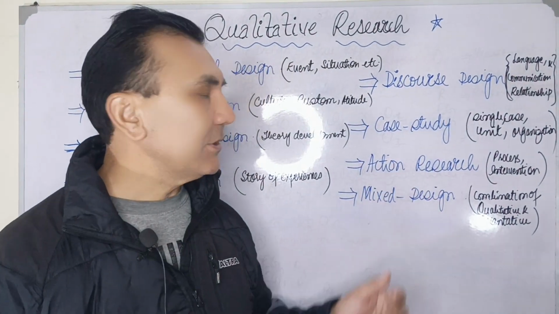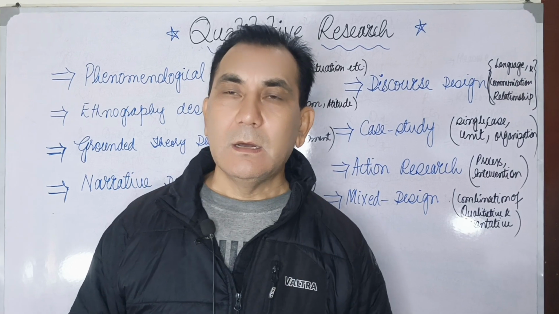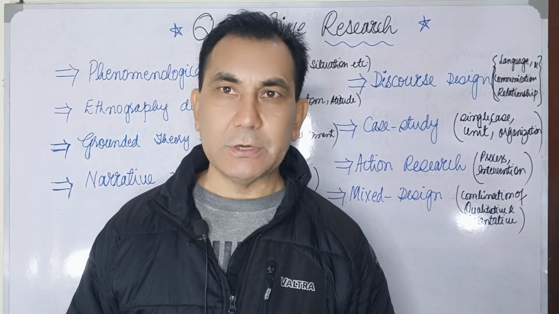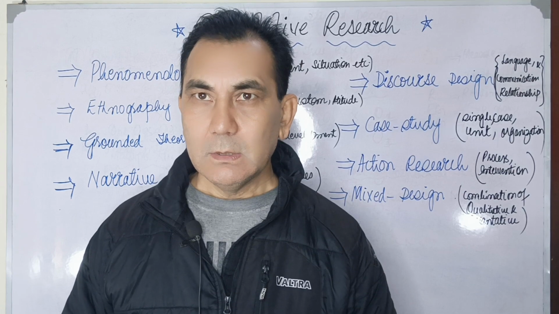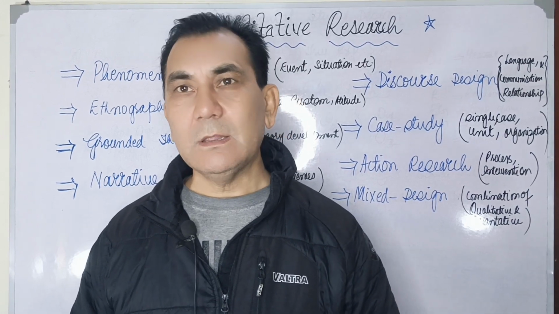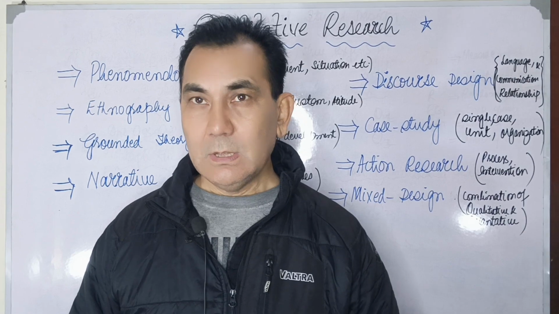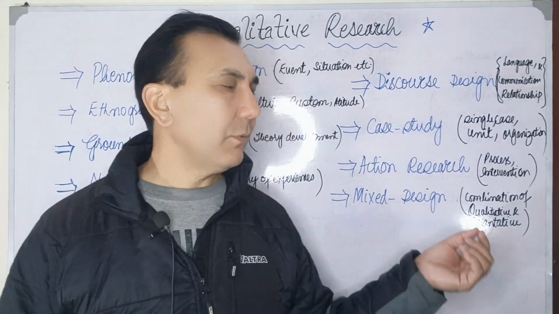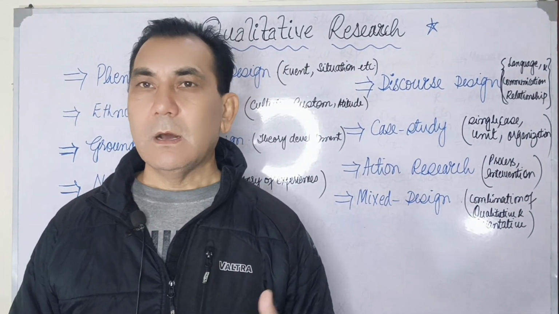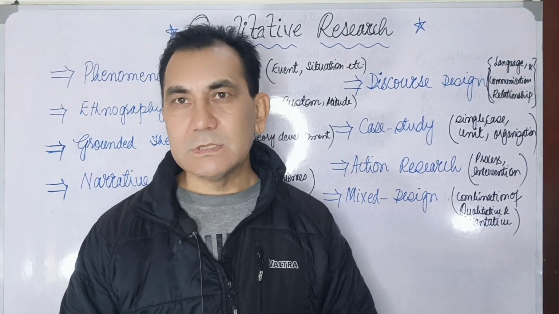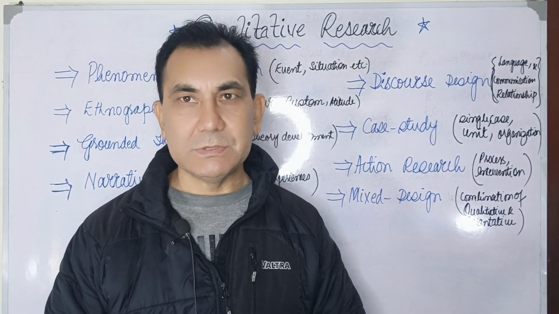So for action research, observation is the best method for data collection. You can do participant observation or non-participant observation, and you can conduct a survey by which you can identify the barriers or obstacles which are going on against your policies, against your intervention or activities.